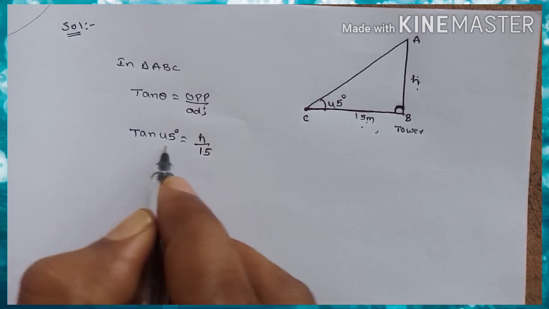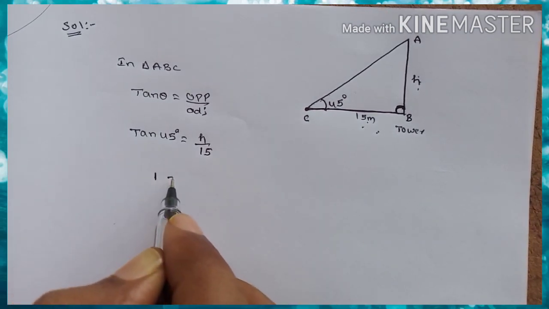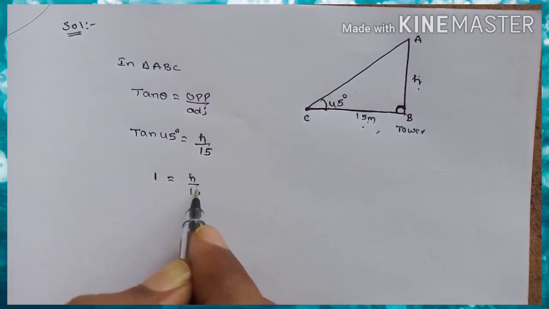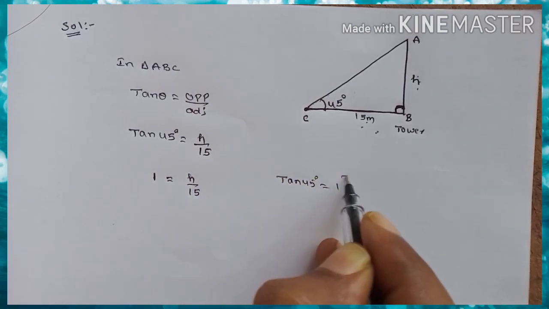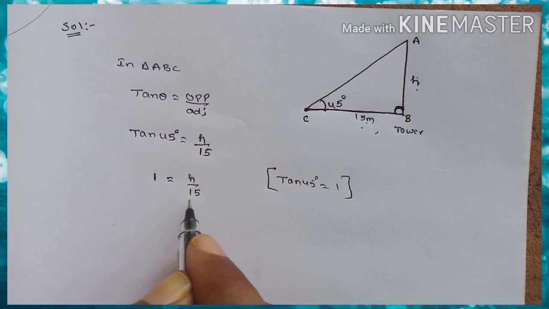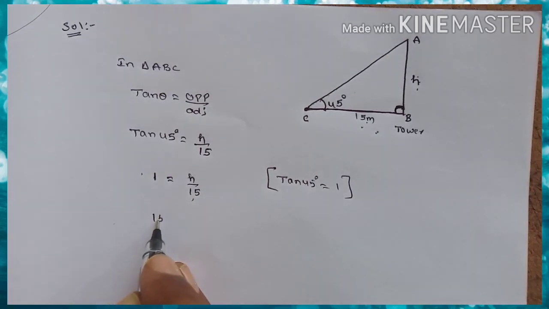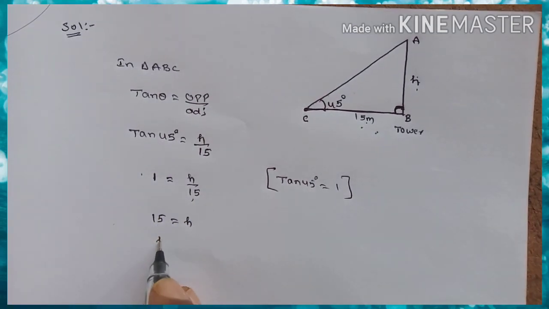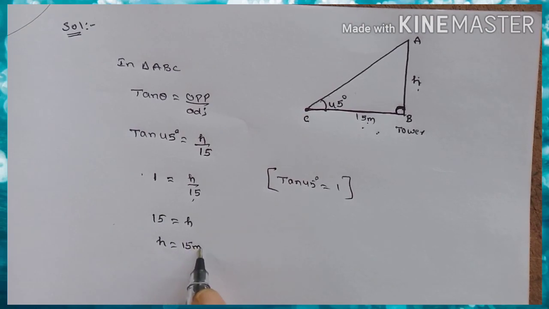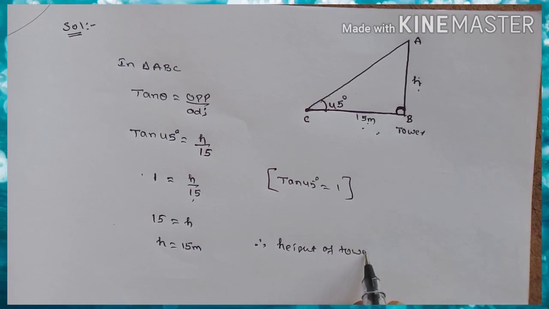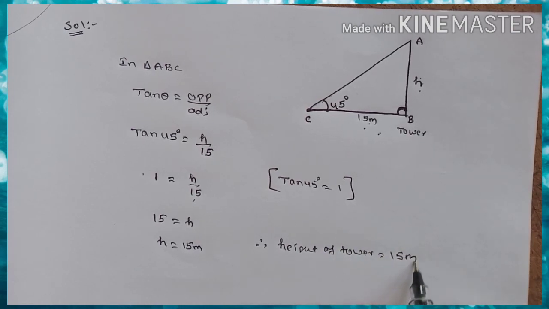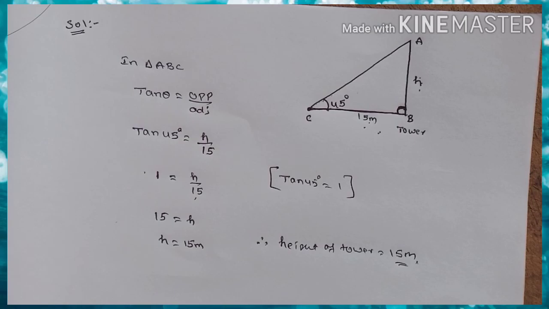Now tan 45 equals 1, so 1 equals h by 15. So the tan 45 value is 1 here. By transposing, 15 equals h, so h is 15 meters. Therefore, the height of the tower is equal to 15 meters.